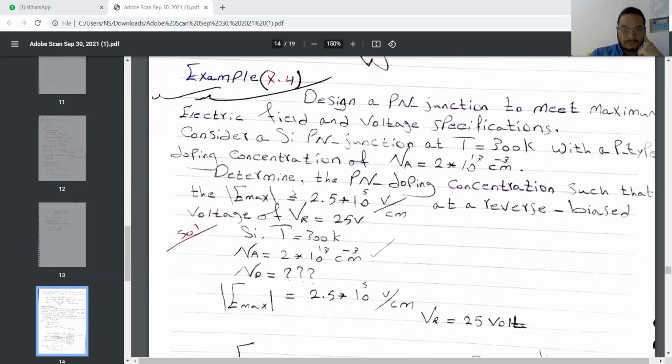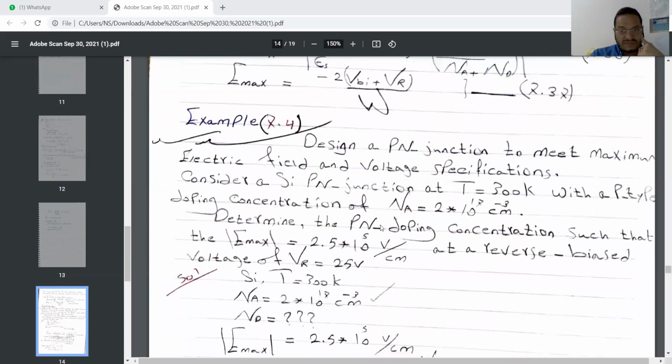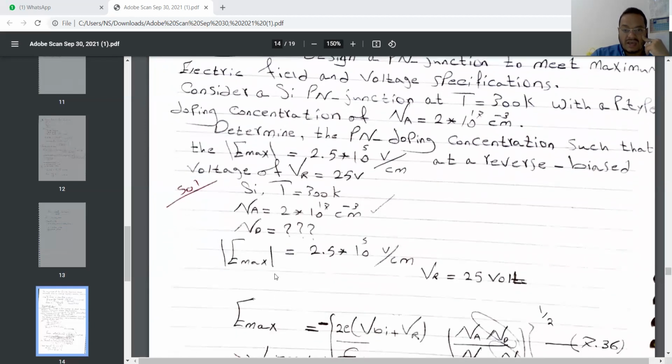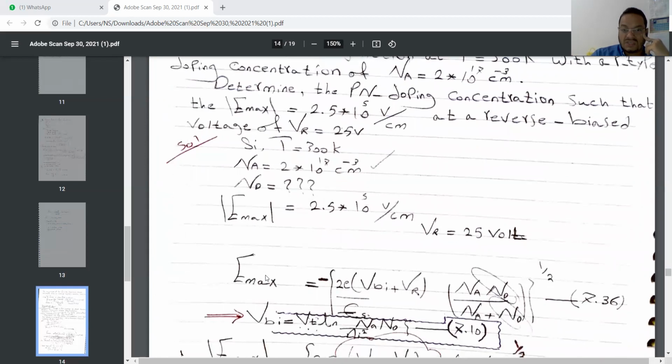Here, what the author wanted from us: he gave us the acceptor concentration, and then says determine the doping concentration, which means we don't have the donor concentration, but we have the Emax result. That means we can use the Emax equation to calculate ND.